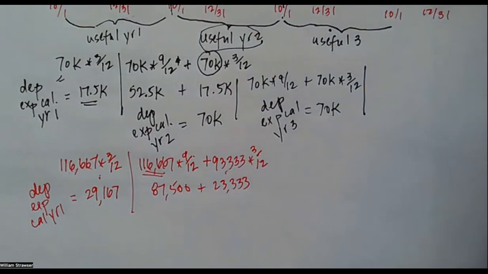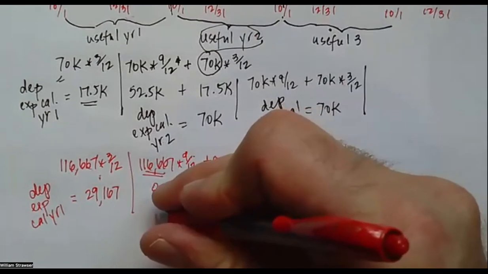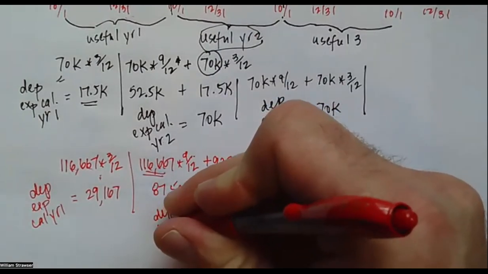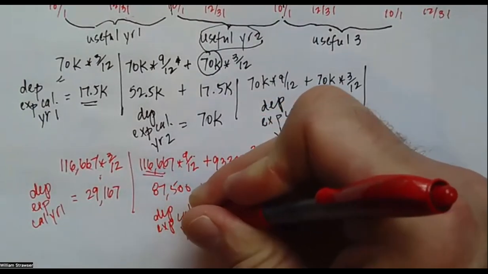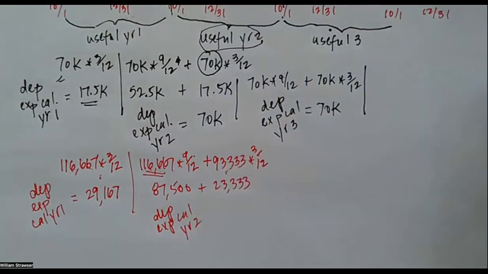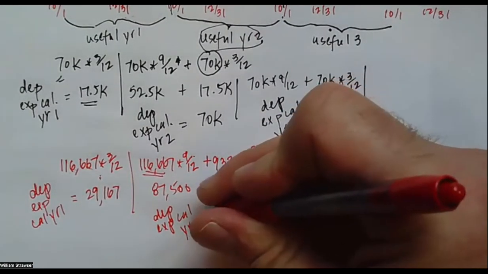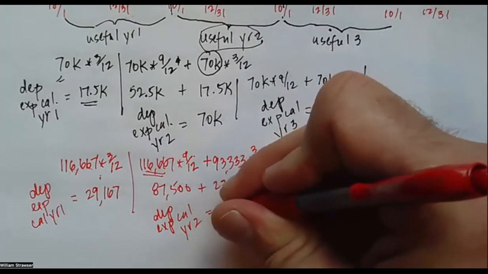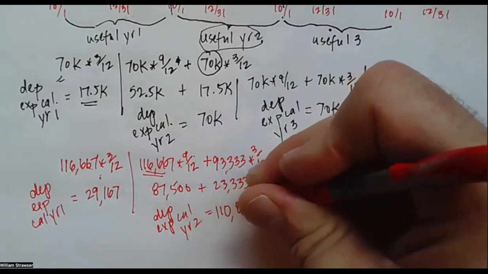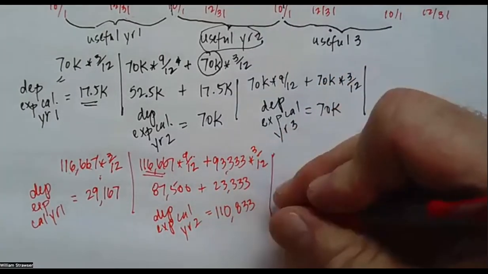Add those two together, and I get for the depreciation expense in calendar year 2, that would be 110,833.